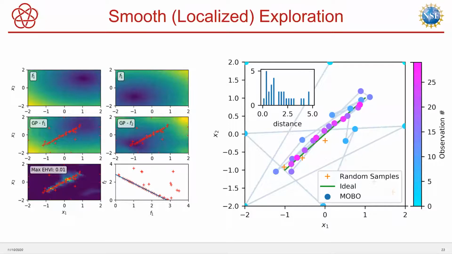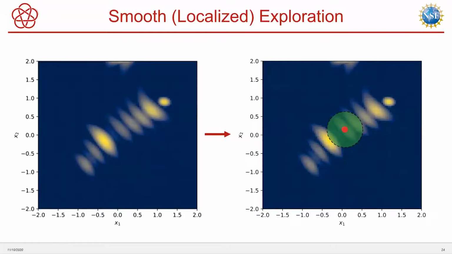And okay, so the reason those large jumps persist is due to our acquisition function, which tells us where we're going to sample next based on our current surrogate model. So what we could simply do is restrict our acquisition function to only explore a very localized area around the last point that was observed.